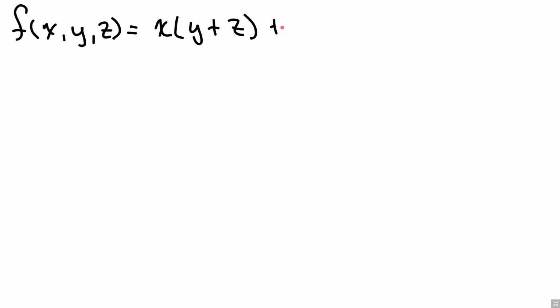Okay, so now I'm going to write out what my function is. My function f of x, y, z is equal to x times y plus z, and then plus g of y, z.